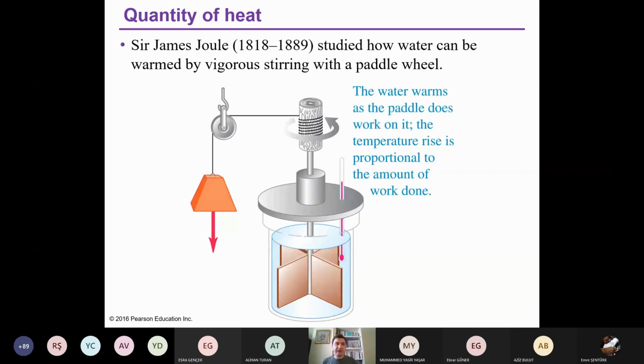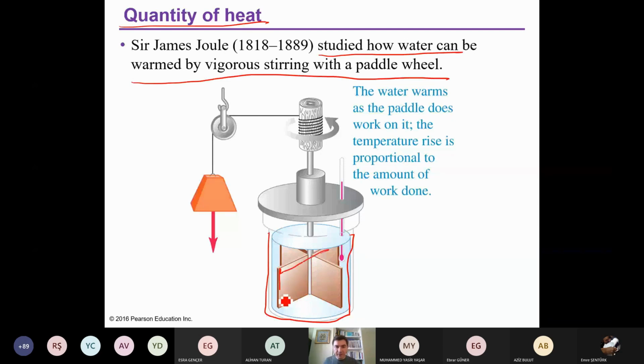So let's discuss the quantity of heat. Sir James Joule, at the end of the 19th century, studied how water can be warmed by vigorous stirring with a paddle wheel. Here we have water within a bottle, okay, and here we have a paddle wheel.